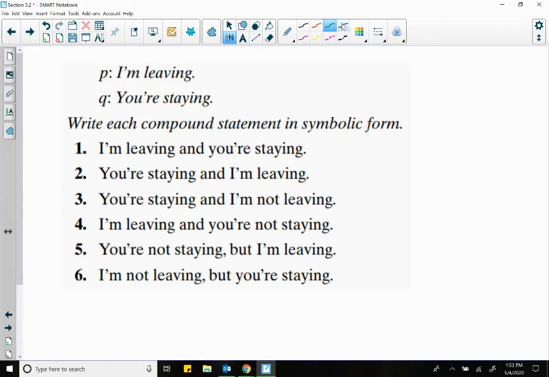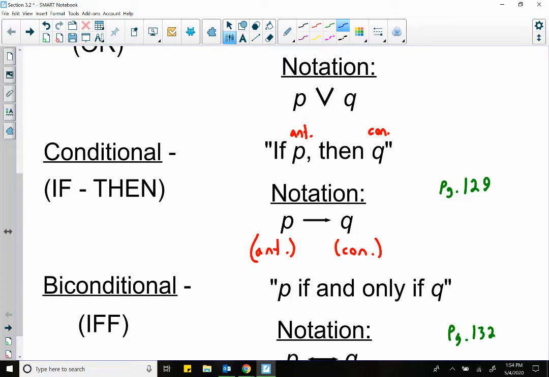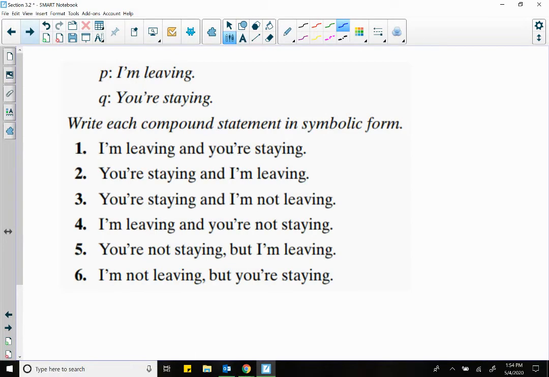I box in nots, negations. When I run into conjunctions, or these different types of compound statements, I circle the words that represent the compound. So I would circle the word and. I would circle the word ors. I would circle if and thens. I would circle if and only if. So that's our new symbol we're going to use in here.